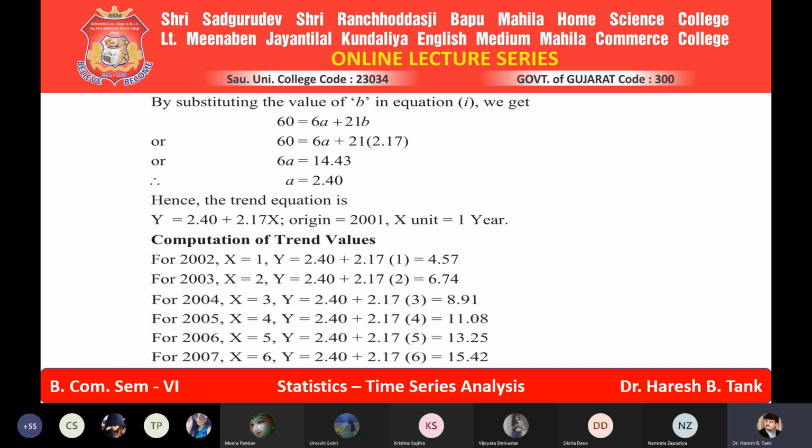Similarly, try to get the value for 2006. 13.25. Perfectly okay.